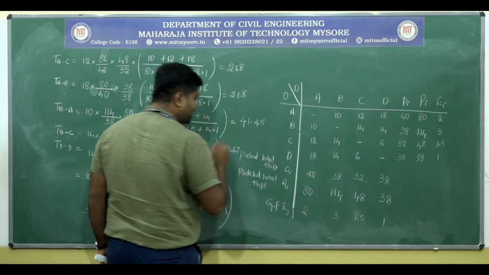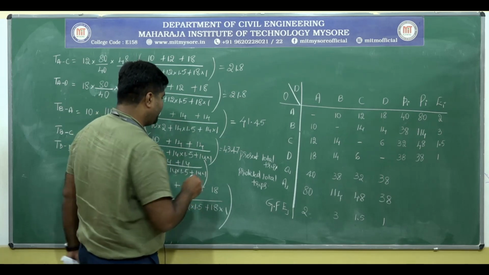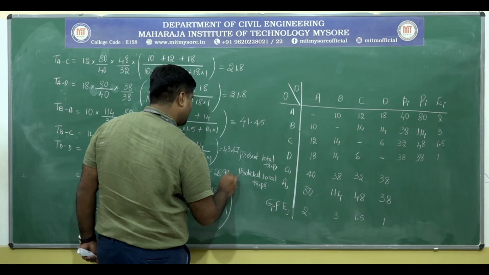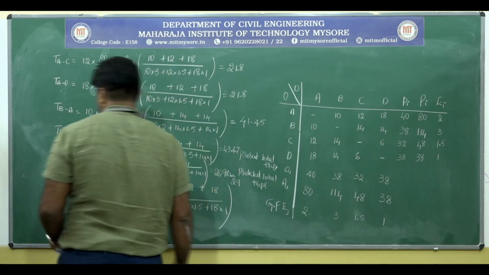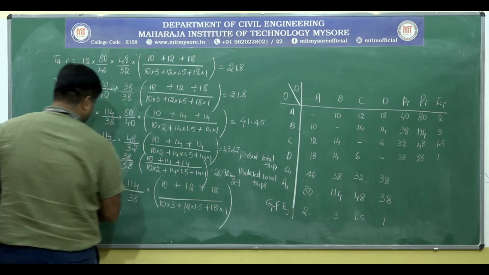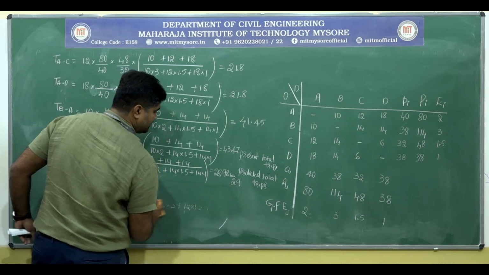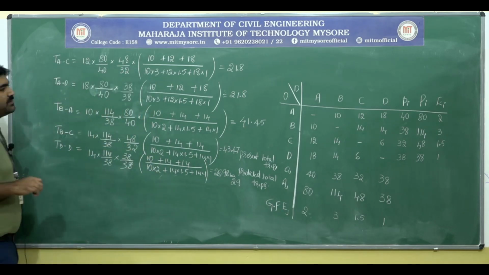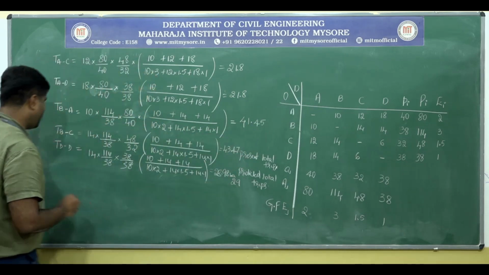Use the calculator and check this value. For B to D you will get 28.98, approximately 29. Okay, next. Similarly, trips between C to A.